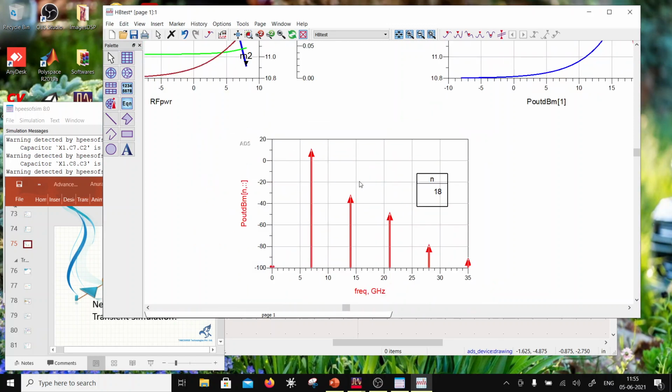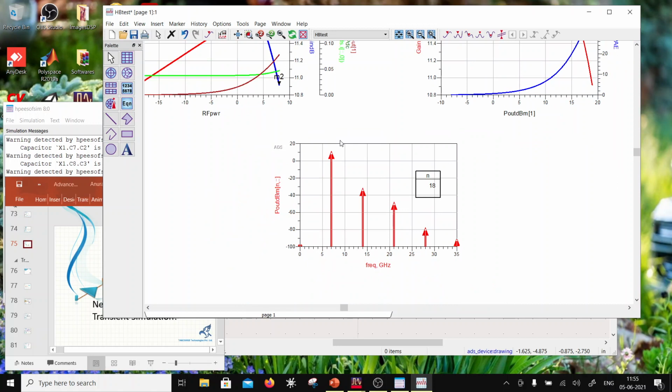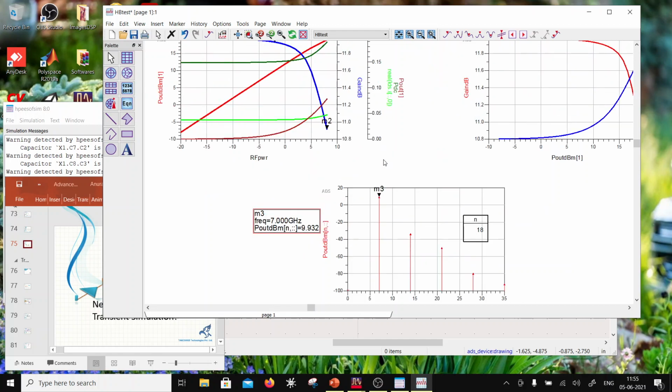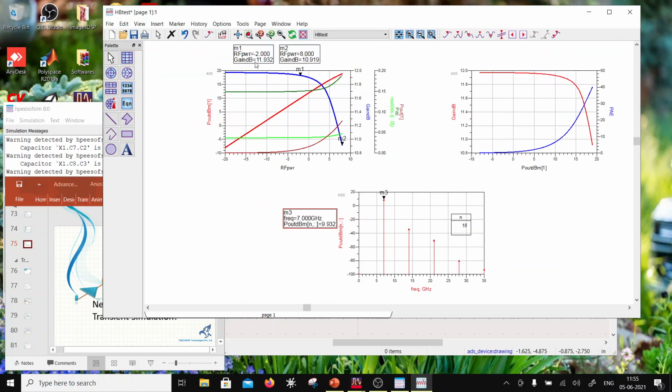Okay, so at n equal to 18, the input power is -2, and output power is 9.9.